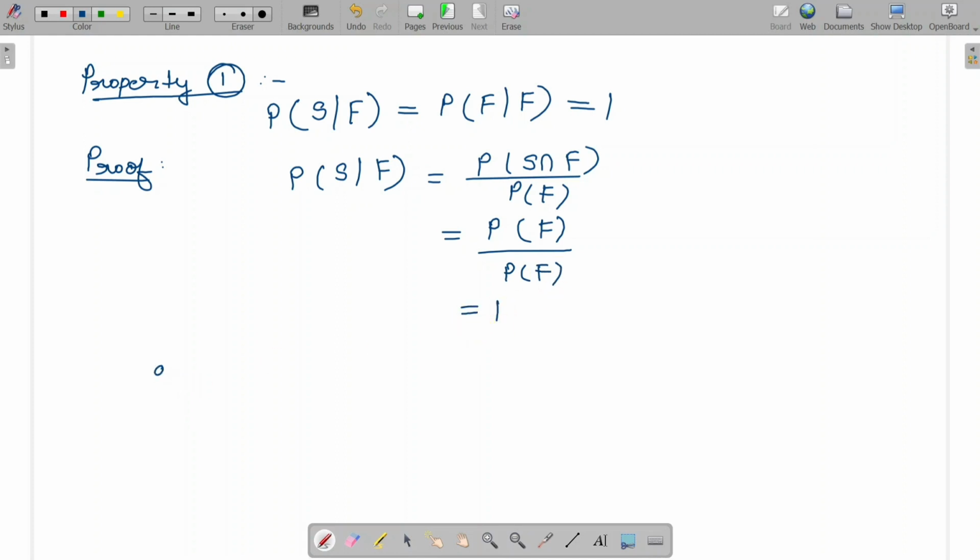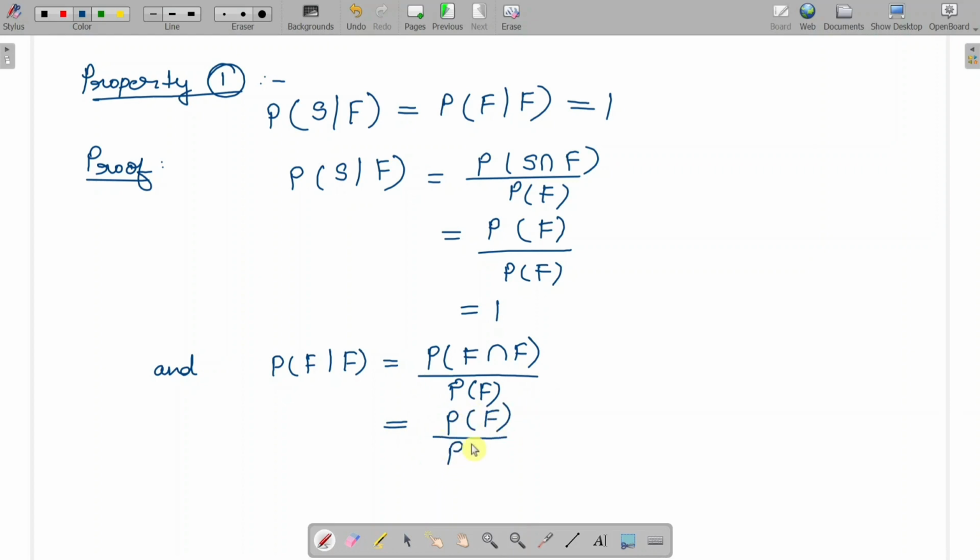Okay, and if you look at this probability of F such that F has occurred, then again by definition it is probability of F intersection F divided by probability of F, which is equal to probability of F divided by probability of F. So this is equal to 1, right?